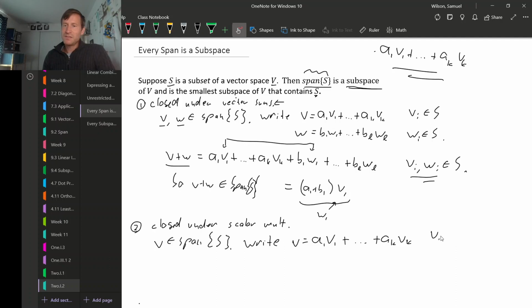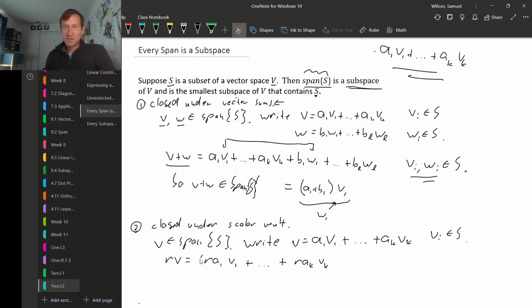And again, all of these Vi are in S. So then what if we multiply V by a scalar R? Well, that's going to give us RA1V1, right? We can just distribute this scalar up to RAKVK.